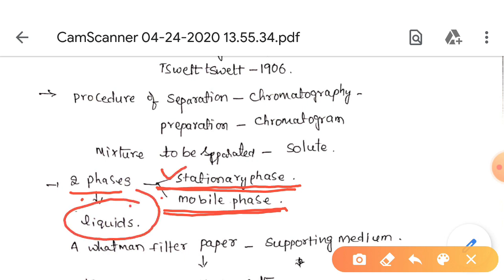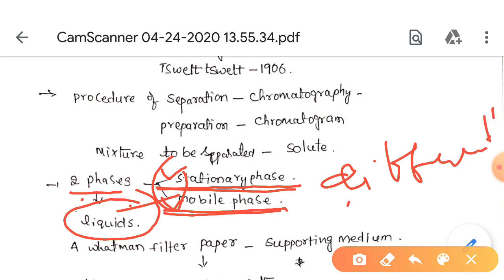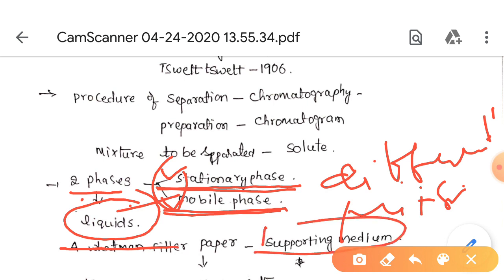The components are separated by their differential migration. A Whatman filter paper is used as a supporting medium.